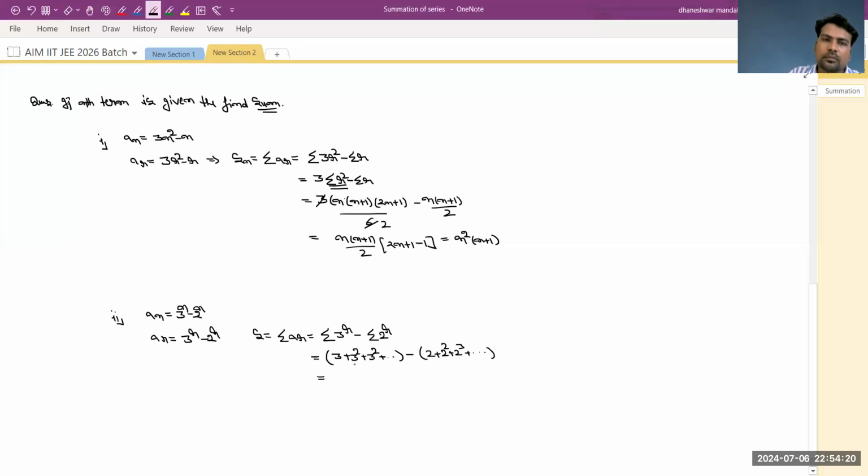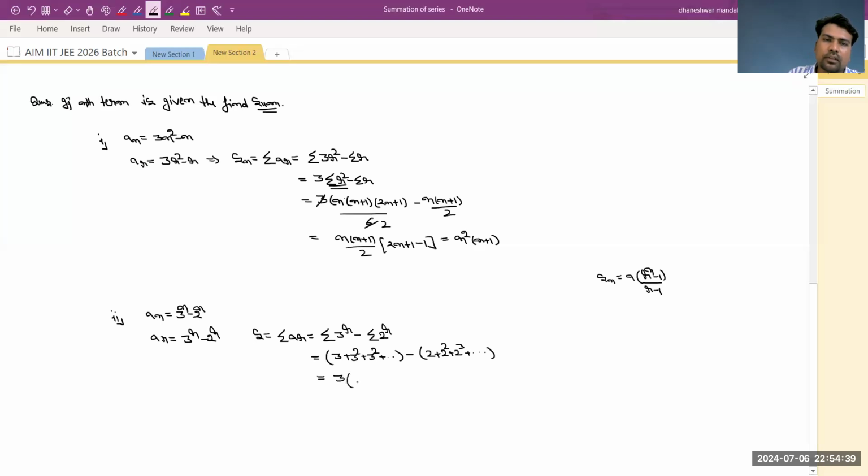Here we have some solutions. What is the sum if a of n is equal to a times r to the power n minus 1 divided by r minus 1? So I'm going to apply the formula of GP.